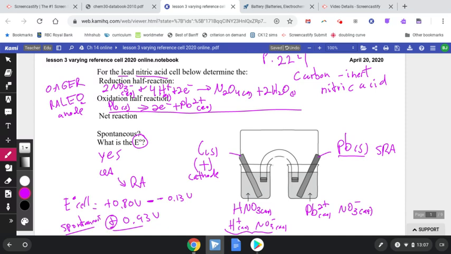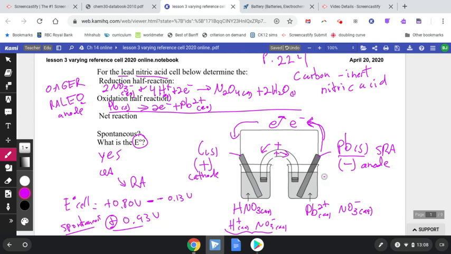Which way do the electrons flow in here? Towards the cathode. The strongest oxidizing agent gains them. And in our salt bridge, cations go to the cathode and anions to the anode. The anode is negative, so the electrons are repelled, pushed away from the negative, and that's making this side more positive.